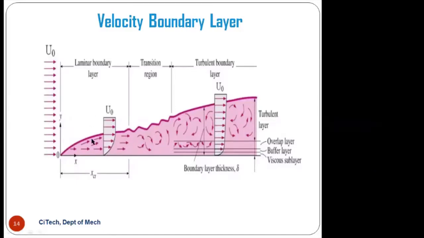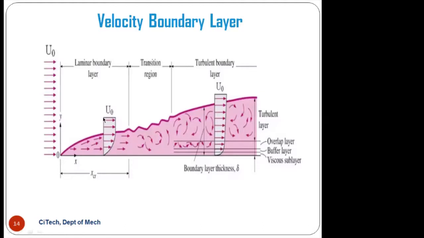That is where the velocity approaches 99 percent of the mainstream velocity. That is called the velocity boundary layer thickness.